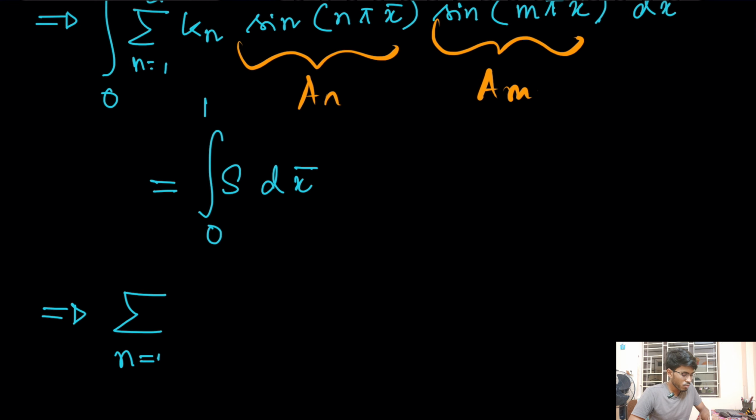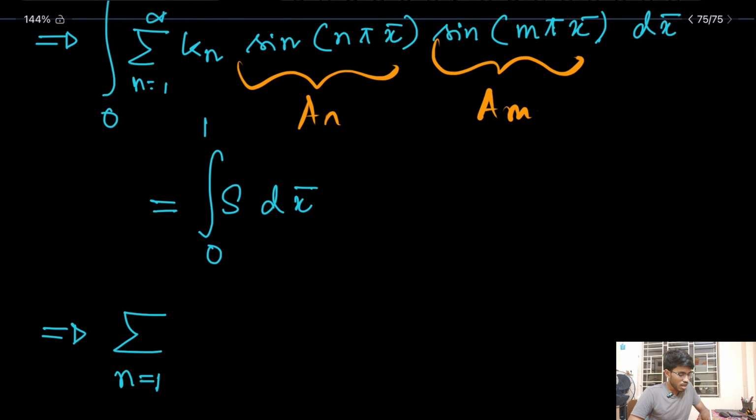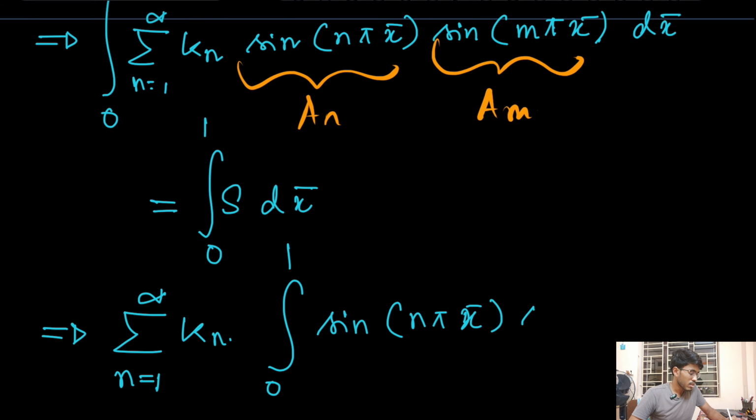First of all, I can put the summation out of this integration, because the summation is over n and this integration is over dx. So this is sine n pi x bar and sine m pi x bar dx, that is equal to the integral of s dx.